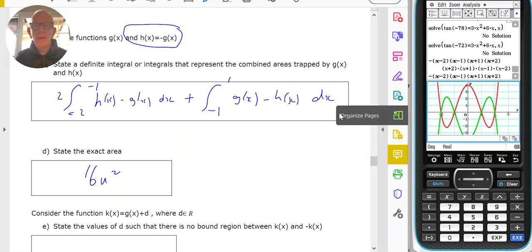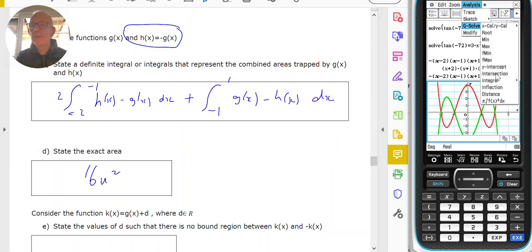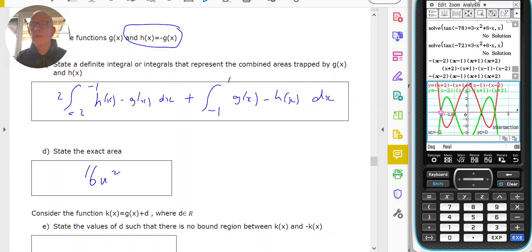And if I was to confirm that, analysis g-solve integral of the intersection, select the first one, jump over to the last one, shaded it all in and gave you an area of 16.